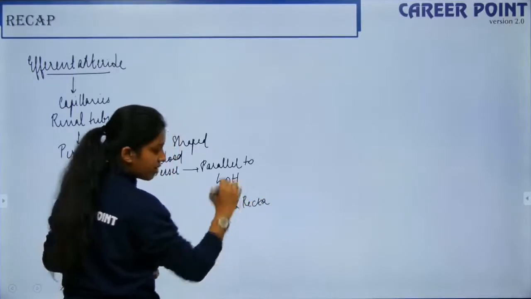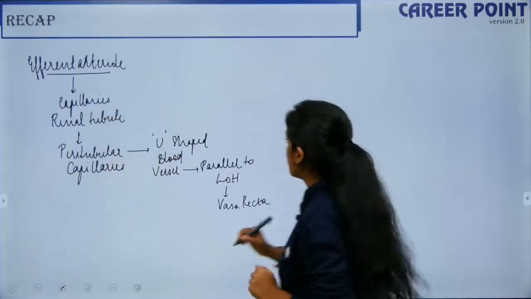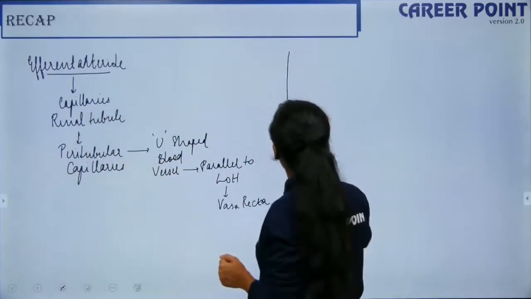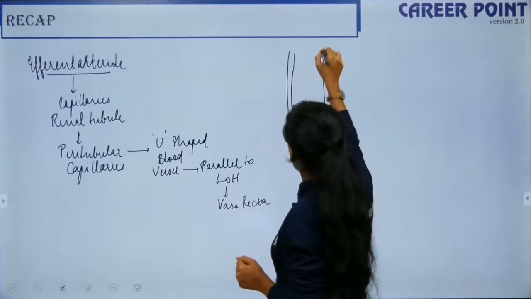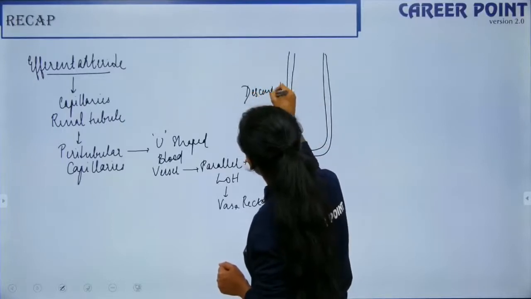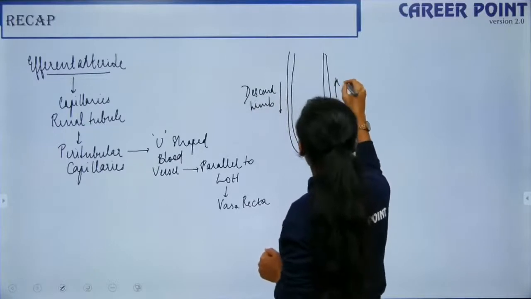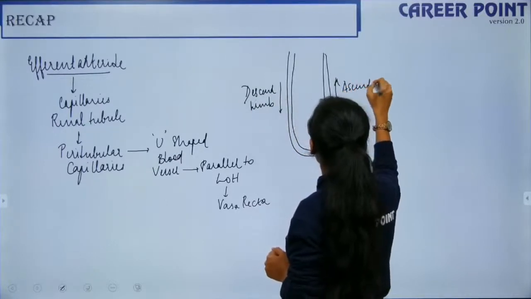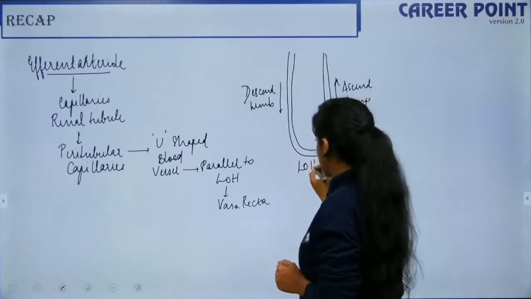The vasa recta and loop of Henle are opposite in action. If this is my loop of Henle, this is the hairpin-shaped structure. This is my descending limb and this is my ascending limb.